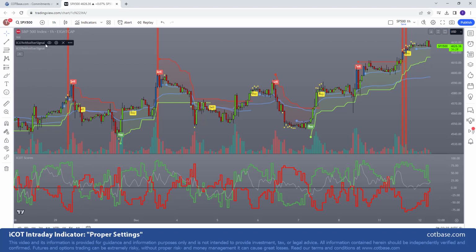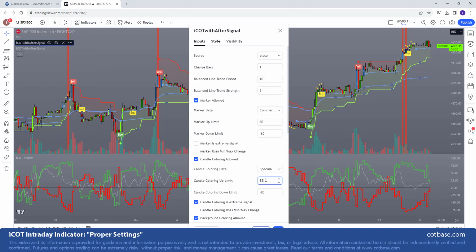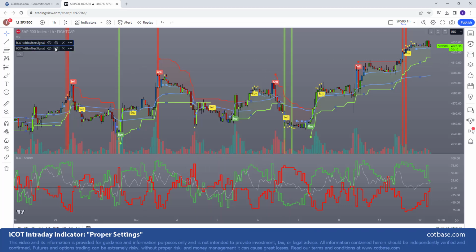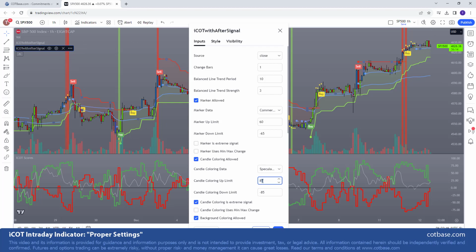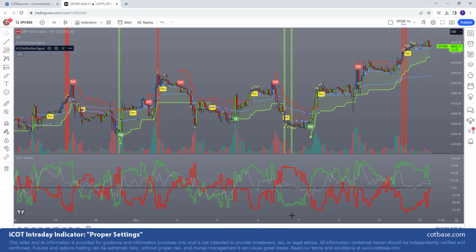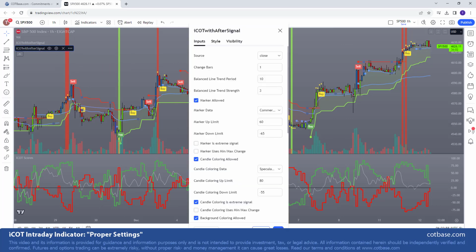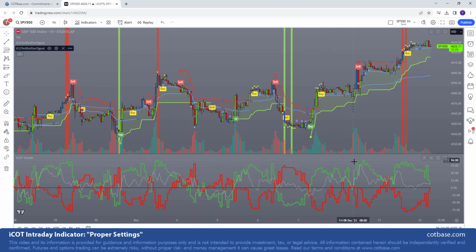So we're going to change the settings from 85 to 80, from minus 85 to minus 55. And we're going to do that with the other indicator as well. And there we go. That's how we got these new signals.